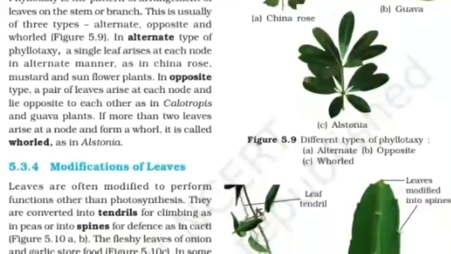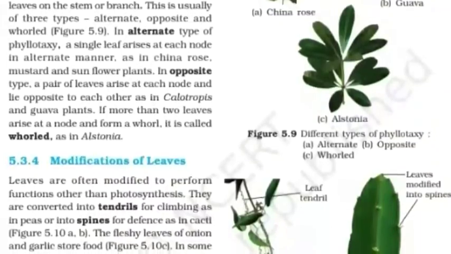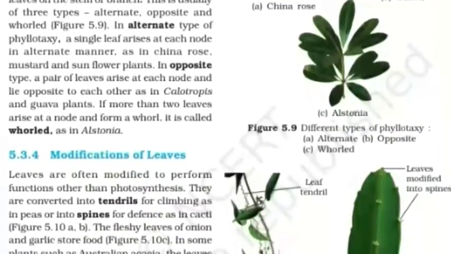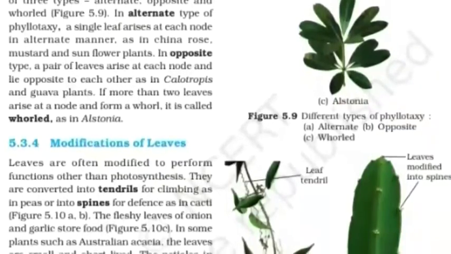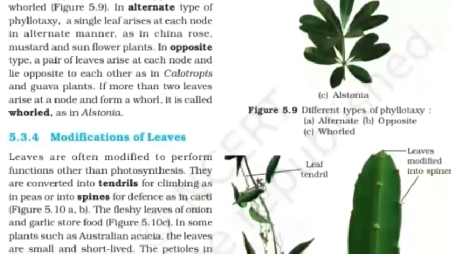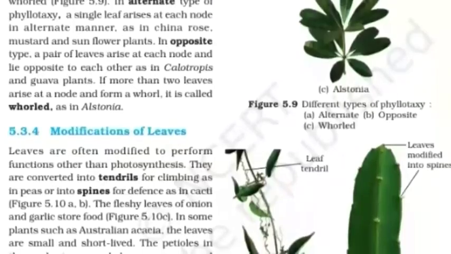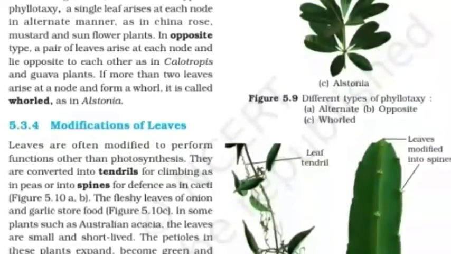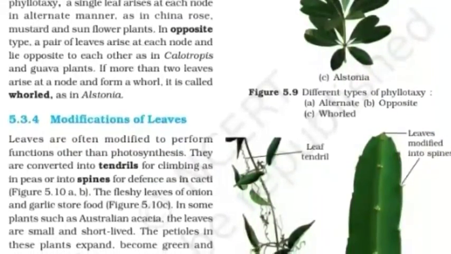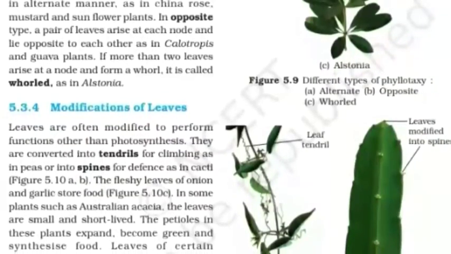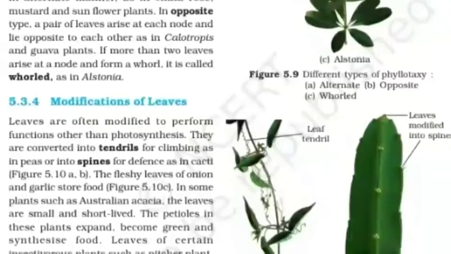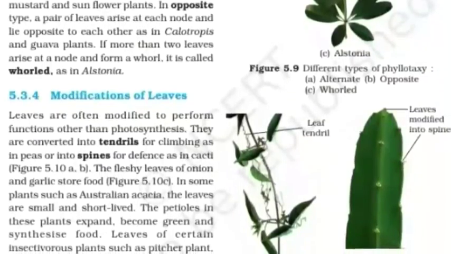In opposite type, a pair of leaves arises at each node and lies opposite to each other, as in calotropis and guava plants. If more than two leaves arise at a node and form a whorl, it is called whorled, as in Alstonia.